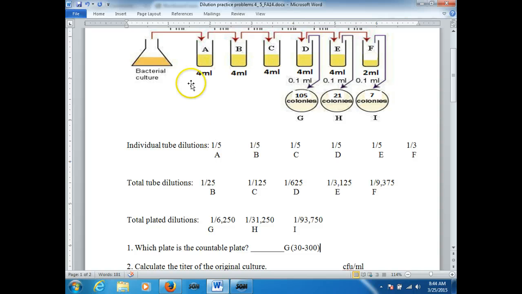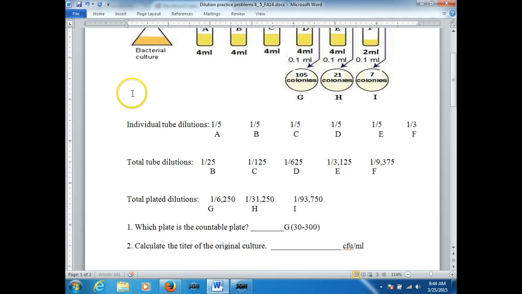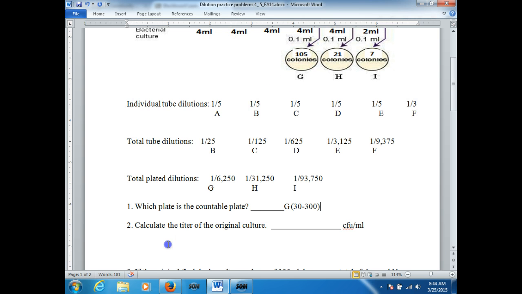All right, now if we want the concentration of our original culture, we now have all the information we need. We have a colony count that's within range. That's 105. We then times that by what? Well, we diluted that plate to what dilution? 6,250.